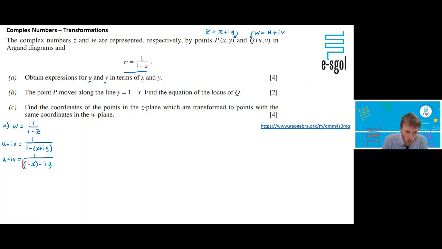So I'm going to take the whole lot here and I'm going to multiply it by the complex conjugate. So it's still 1 minus x, and we've still got an iy, but the negative is going to turn into a positive, and we're going to do the same to the top. 1 minus x plus iy.